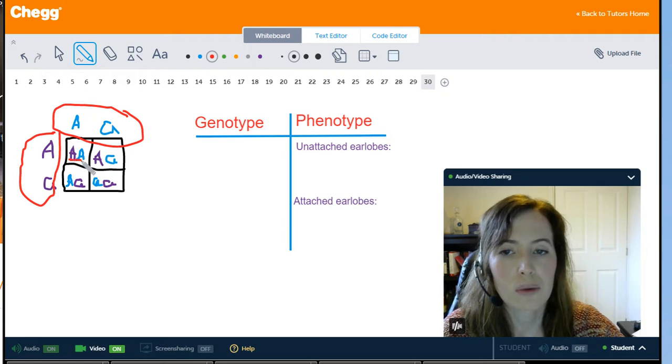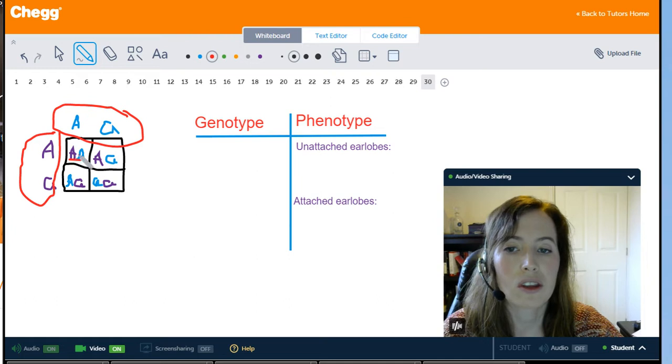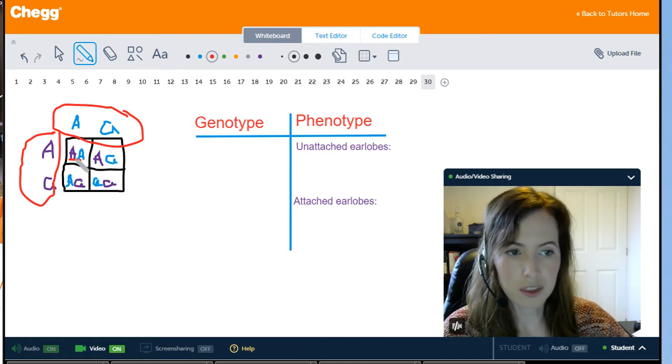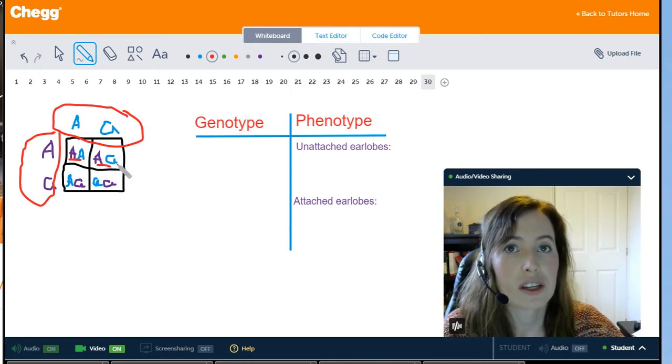And for the first one, for sure, because that's homozygous dominant, because both of the dominant letters, the big letters for the dominant trait, and it's dominant to have unattached earlobes. And then this one, because you have one dominant and one recessive, which is heterozygous, then the dominant allele will show through.